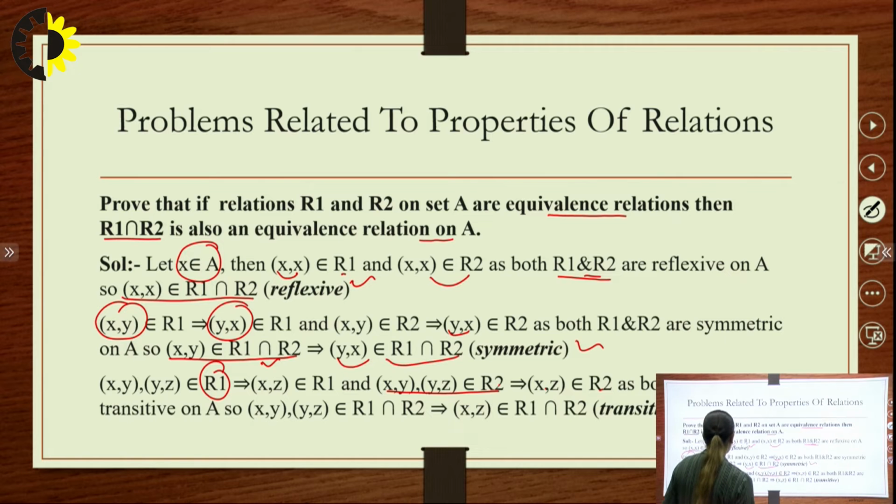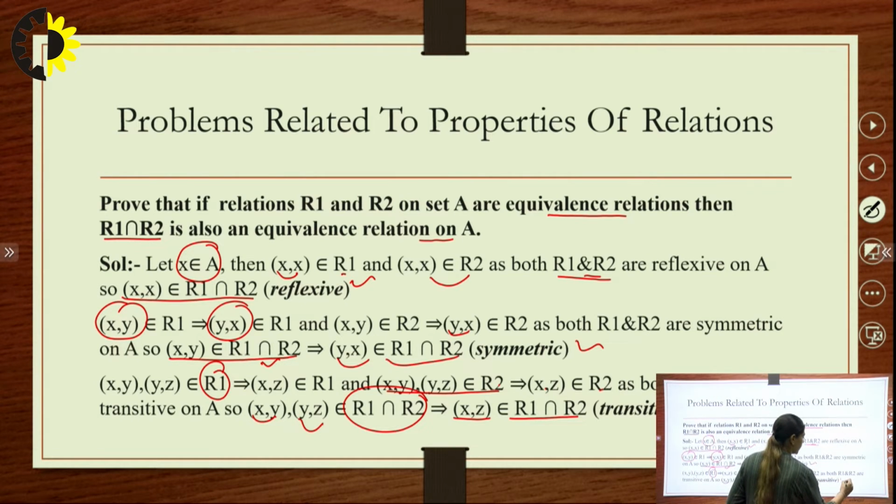Now from these two conditions, (x, y) and (y, z) belong to R1 intersection R2, and so this implies that (x, z) also belongs to the intersection. So it is a transitive relation.